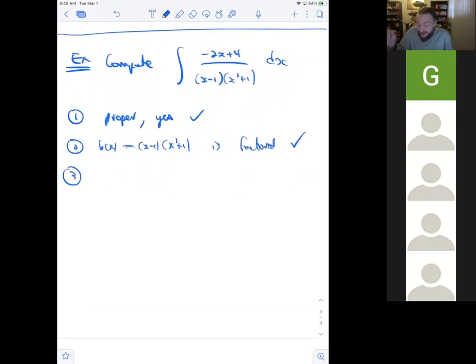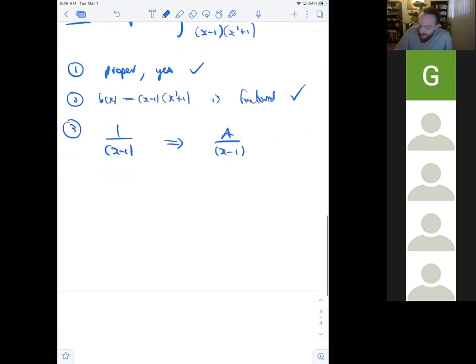So in our partial fraction guesses, a 1 over x minus 1 implies I guess a over x minus 1. If I have a 1 over x squared plus 1, which is what I have, then we're going to guess bx plus c, just different coefficients, over x squared plus 1, is my power.